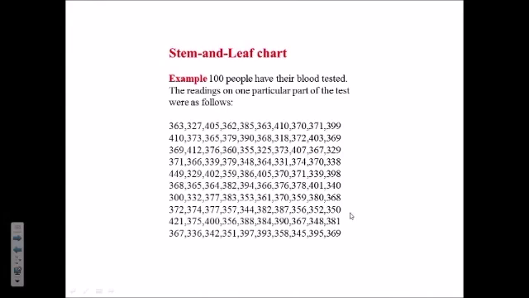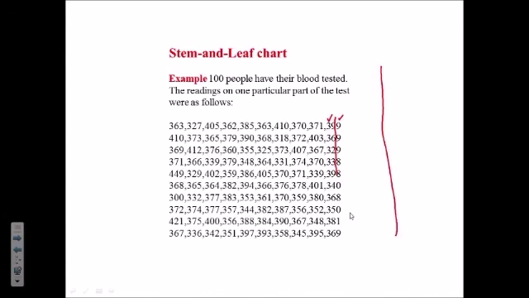So what could be done is make a stem and leaf chart for these data, and you'd have to look at the size of the numbers. They go from about 300 to 450 or something like that. So you would chop off the last digit, and this first part would be the stem, and then the leaf would be this single digit.